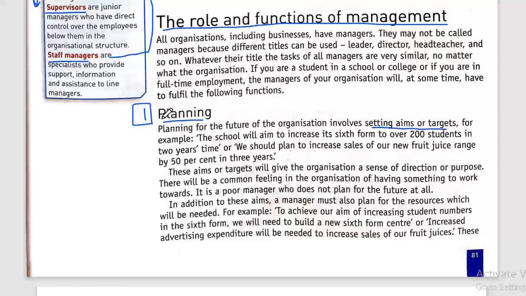So this is what is meant by planning for the future, and in this plan I must set aims and targets for the business that I'm working in. These aims or targets will give the organization a sense of direction or purpose. So why do I set aims and targets in the planning part?